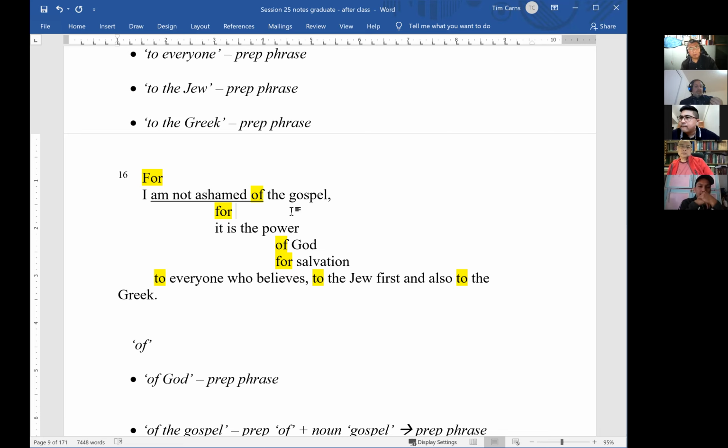If we understand that maybe this is a prepositional verb, that weird English thing where verbs sometimes have a preposition as part of the verbal idea, it's not a Greek thing, but it is an English thing. So in this case, this is how we would diagram this more accurately, understanding that of is part of the verb.